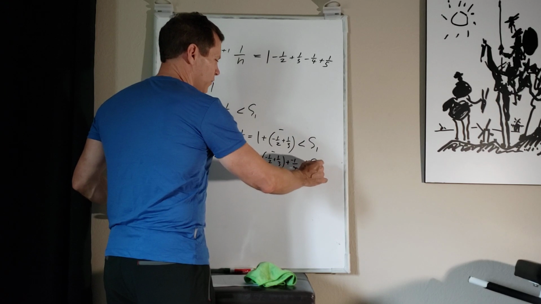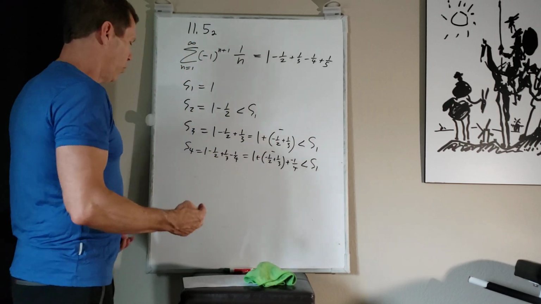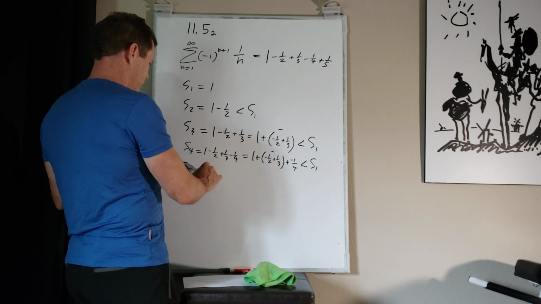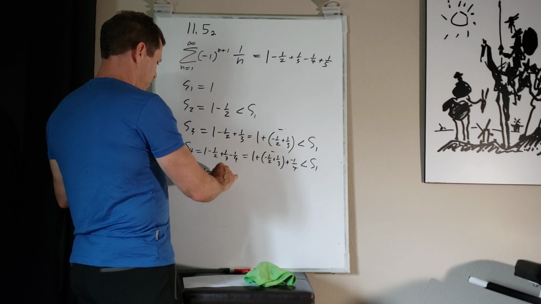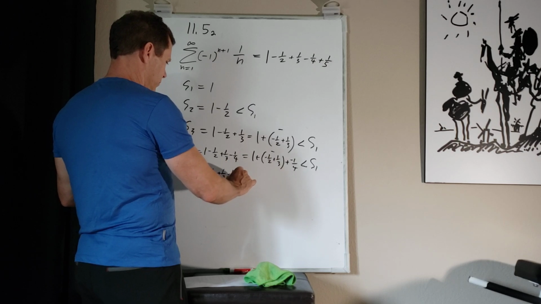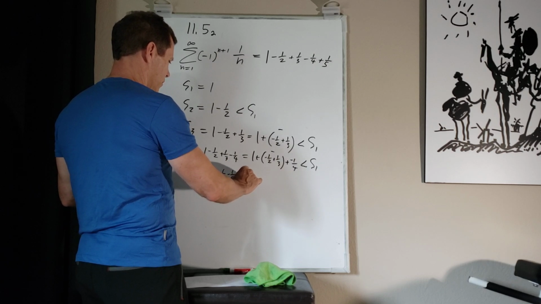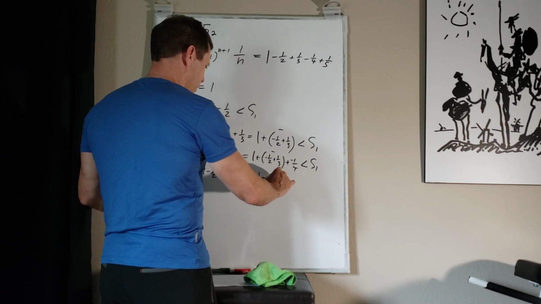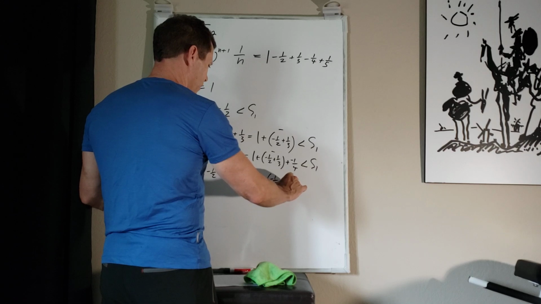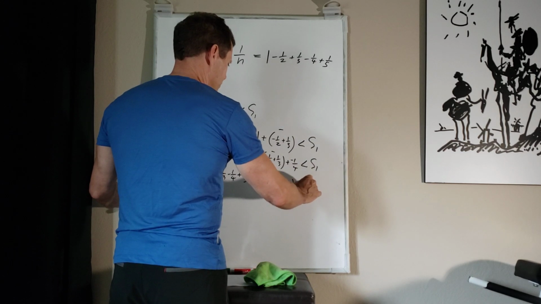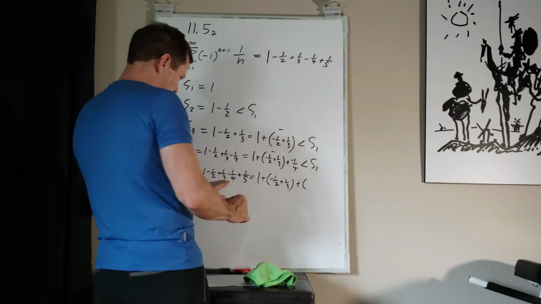S1 is 1, so I know that's smaller than S1. I'll do one more and we kind of get the idea of what's going on. S5 is equal to 1 minus a half plus a third minus a fourth plus a fifth. So that's 1 plus a minus half plus a third, and then plus a minus 1/4 plus a fifth.